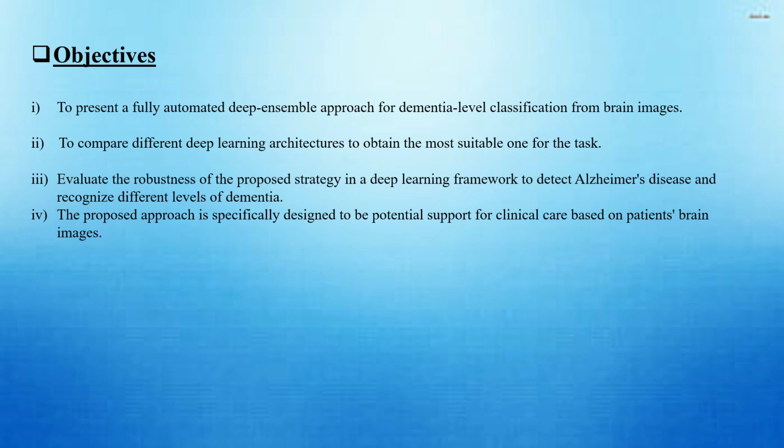The proposed approach is specifically designed to be potential support for clinical care based on the patient's brain image. The datasets will contain the MRI scans of the patient, which will be analyzed by the deep learning method. Depending upon the strategy, the MRI scans of the patients will be compared with the datasets in the different dementia levels, and depending upon the dementia levels, the results will be given to the patient.